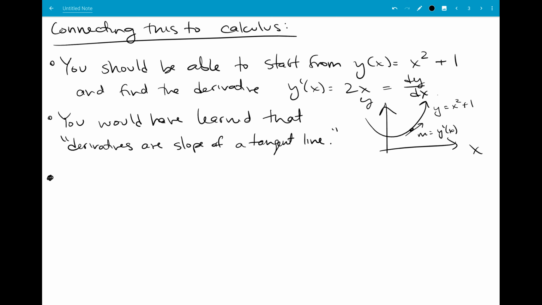And so then you would have used that fact to build linear approximations.